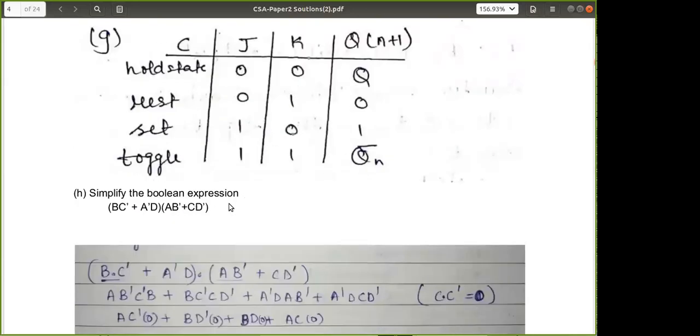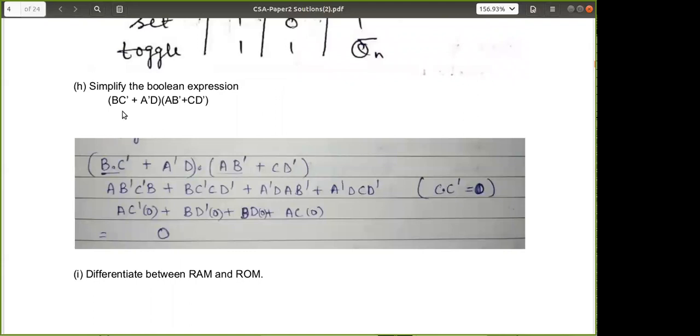Then simplify the Boolean expression. So we can easily simplify it. Just we have to multiply BC complement with the AB complement, and then BC complement with the CD complement, and then AD complement with the AB complement, and then AD complement with the CD complement. So this is one property like CC complement equals 0. It means whenever we have any variable and its complement, its value is 0.